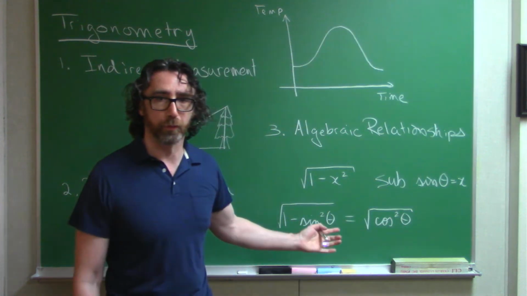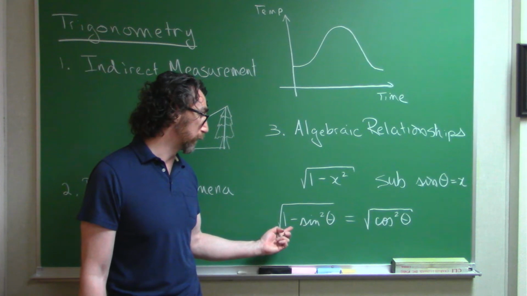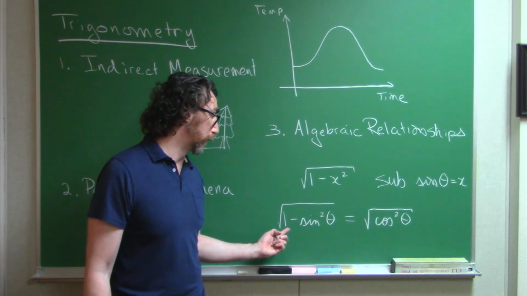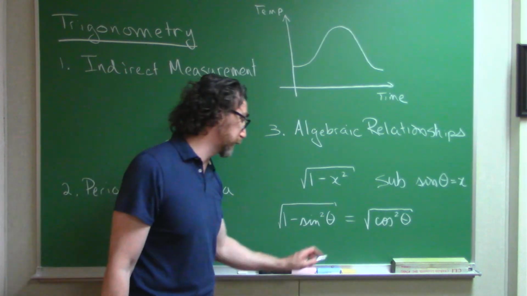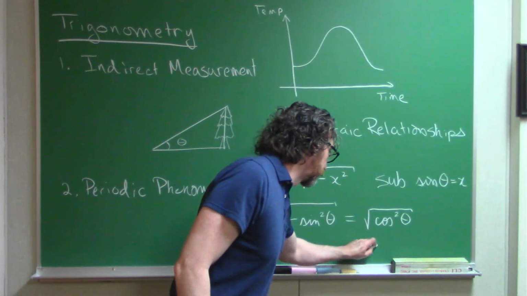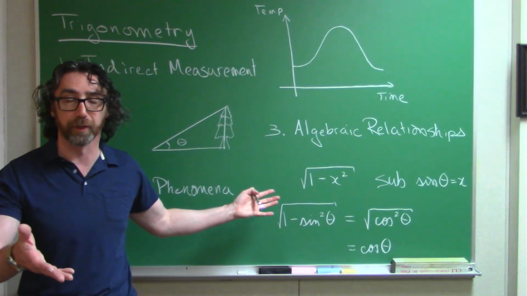Later on in the course we'll learn these identities, these relationships between the trig functions, and we'll understand why 1 minus sine squared theta is equal to cosine squared theta, and this whole thing simplifies quite a bit. You don't have the square root anymore, basically.